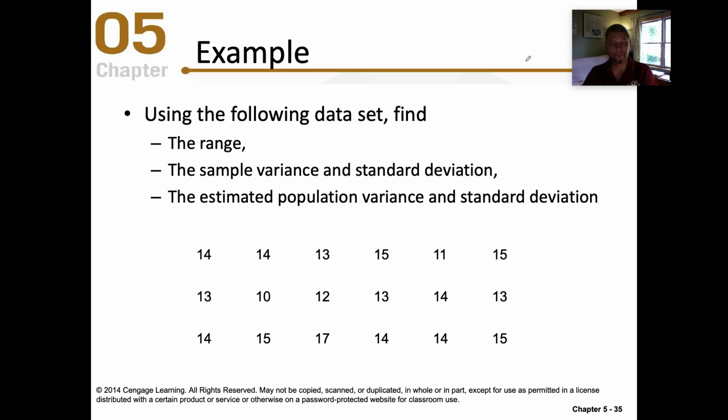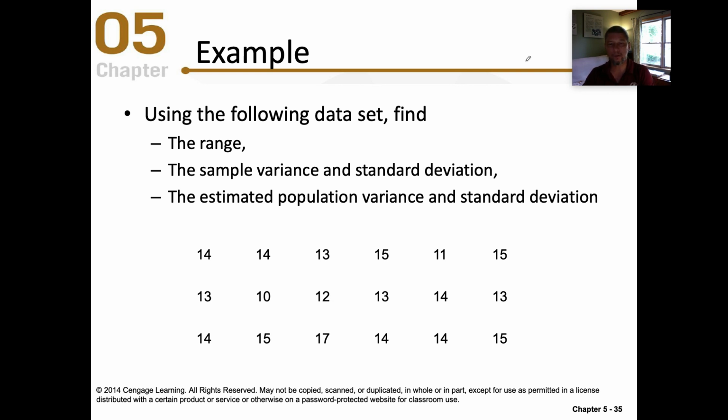Okay, if you look at this data set, you'll notice that the largest number is 17, and it appears only once. The next largest number is 15, and it appears 4 times. 14 appears 6 times. 13 appears 4 times.